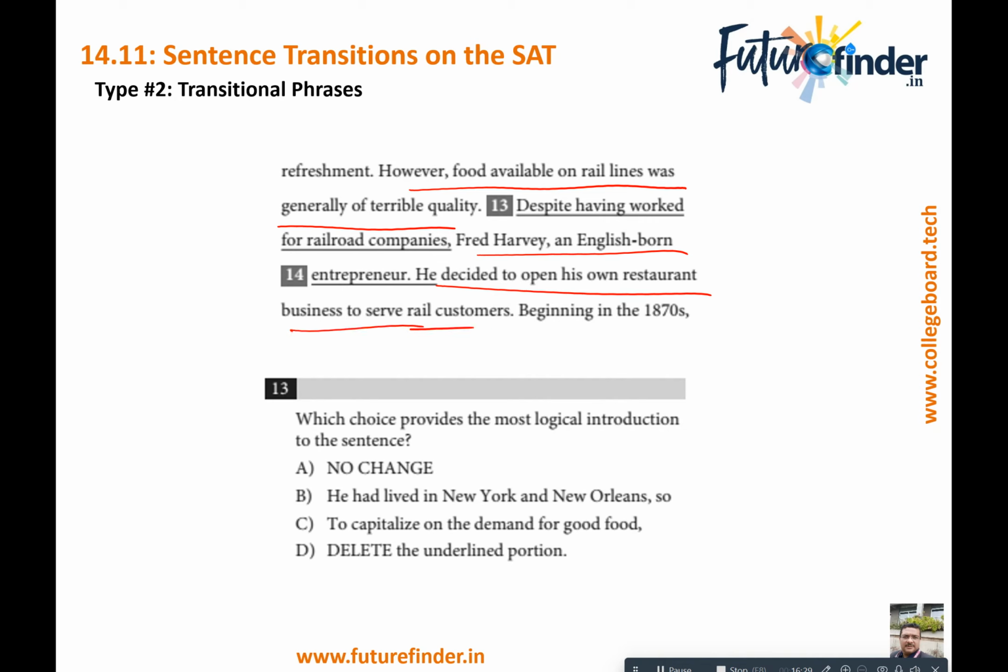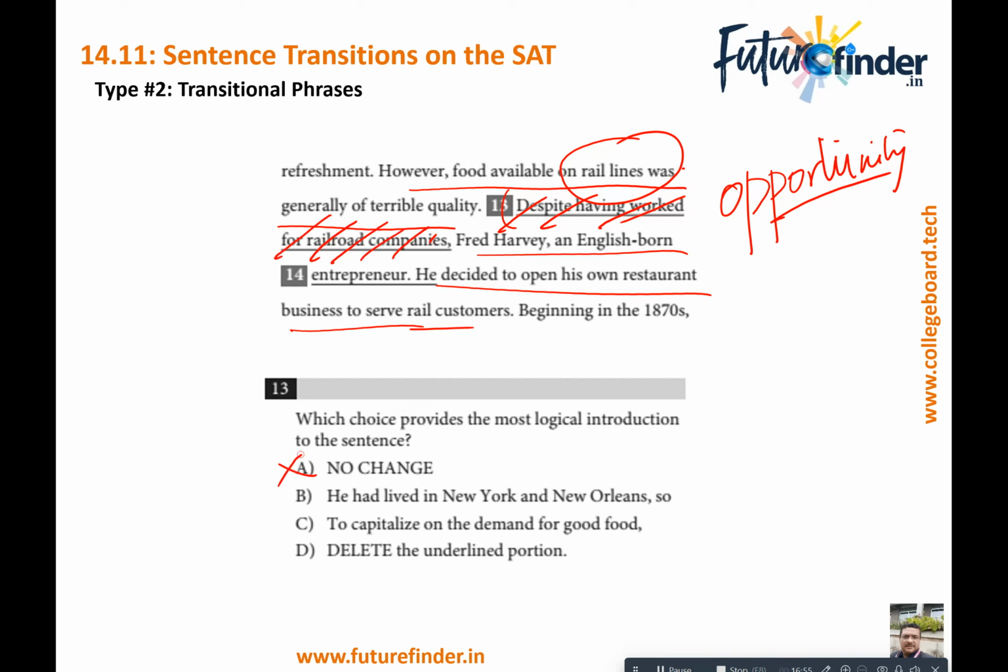So basically what I understand is that food was of terrible quality, so he found an opportunity that if you improve the quality of food, there will be a lot of customers. Despite having worked for, no. So this is not a good answer.